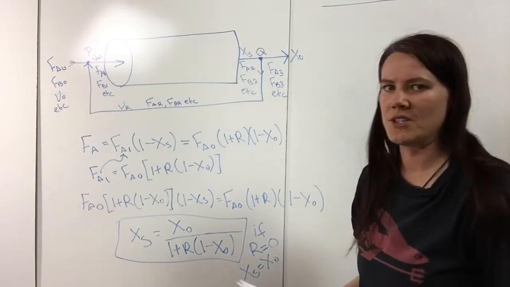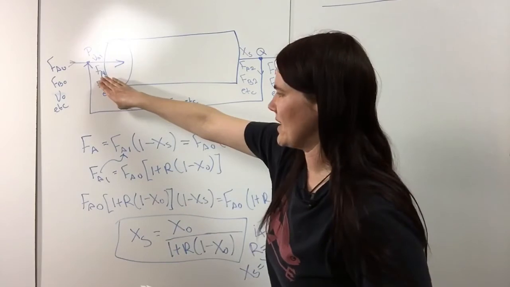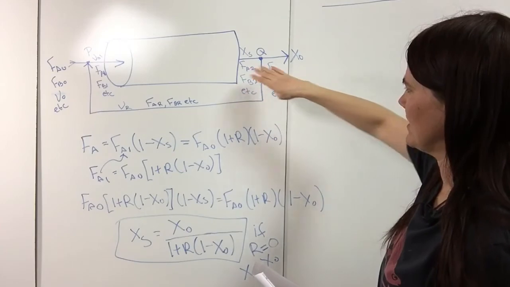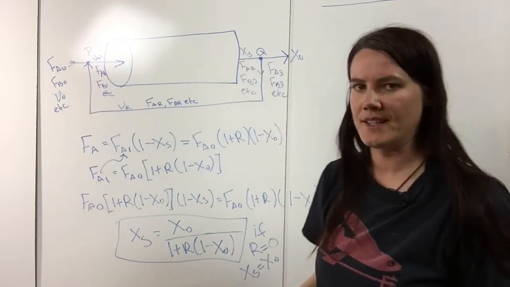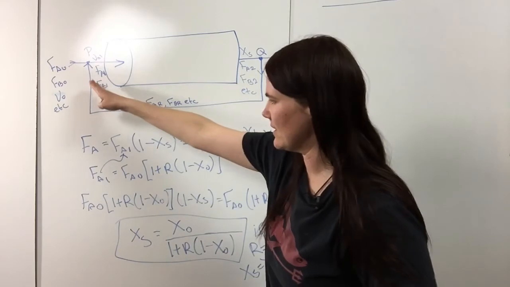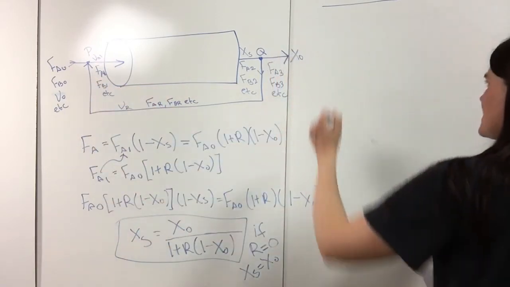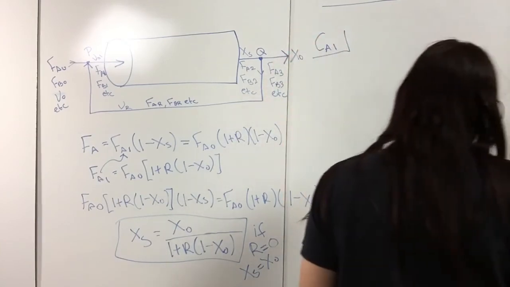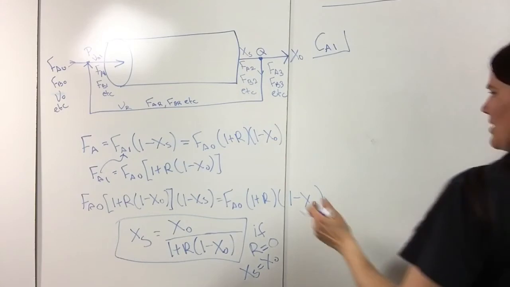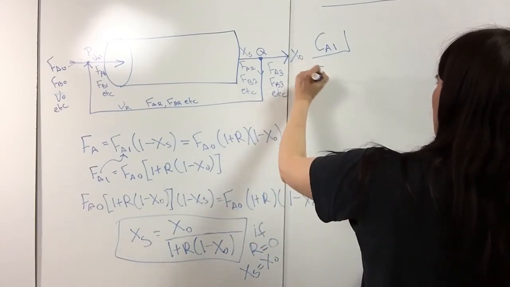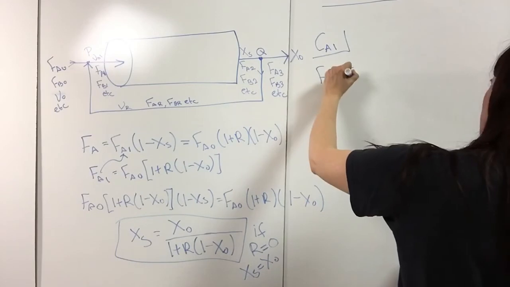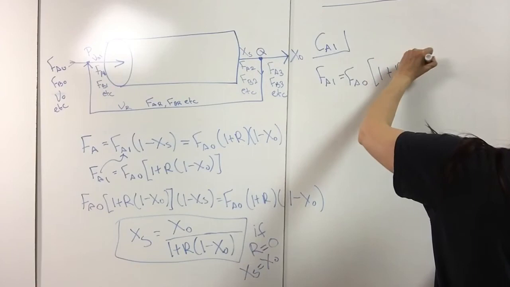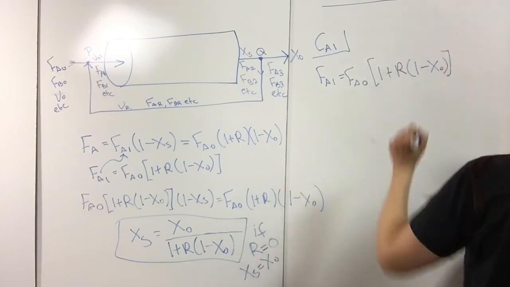So something else you might be interested in is what your concentration is here, because we found our concentration CA for basically the entire thing, but we might want to just know what the concentration is here. So that would be CA1. For that, first of all, we want to start with the equation. We already know what FA1 is because we found it earlier. So FA1 is equal to FA naught 1 plus R 1 minus X naught.